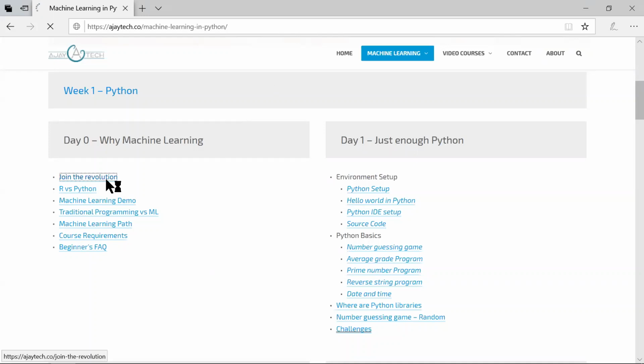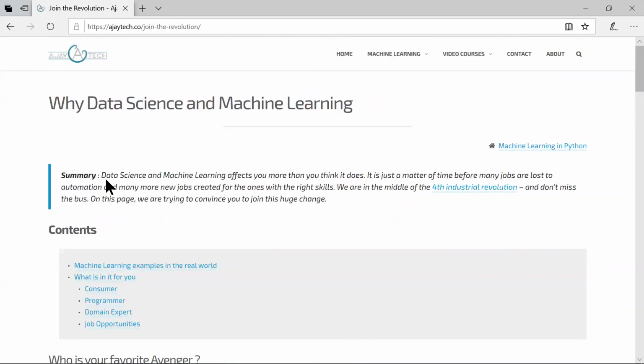All right, so let's start with the basics, okay? So what is this whole buzz about data science? Why do you see so many things floating around on data science or machine learning? These are all different terms.